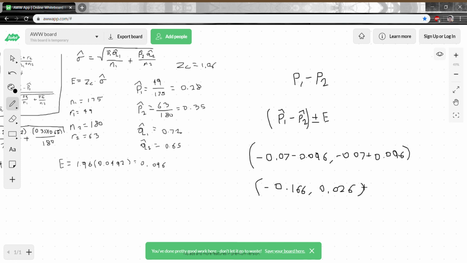And the way to interpret this is we are 95% sure that the interval between negative 16.6% and 2.6% is one that contains the percentage difference of bad dreams.